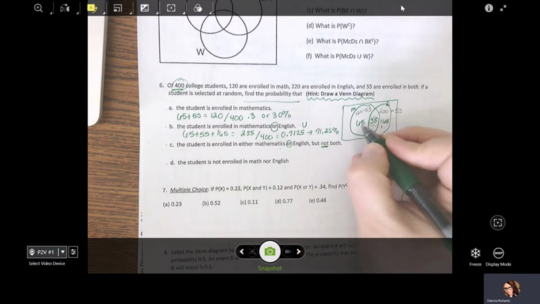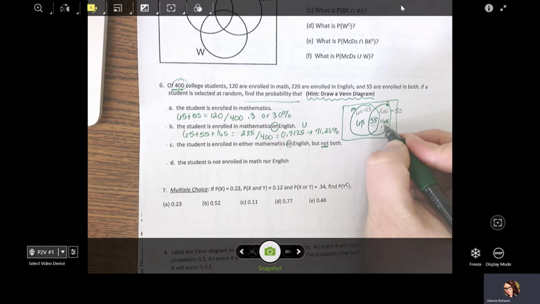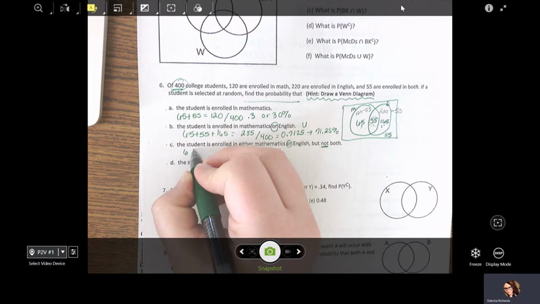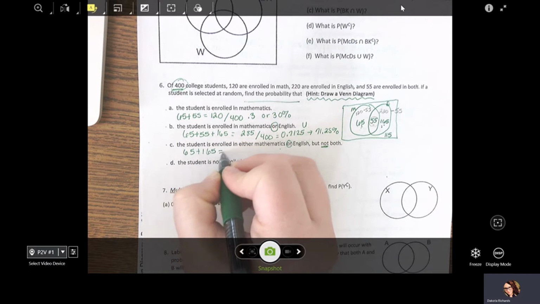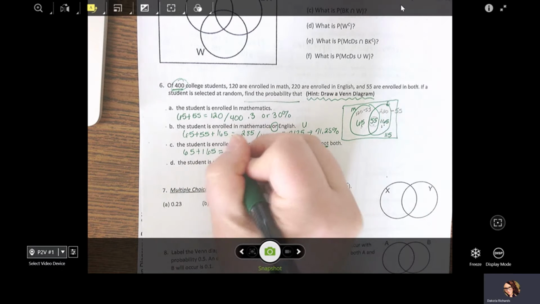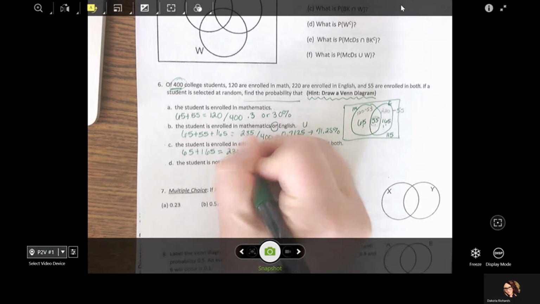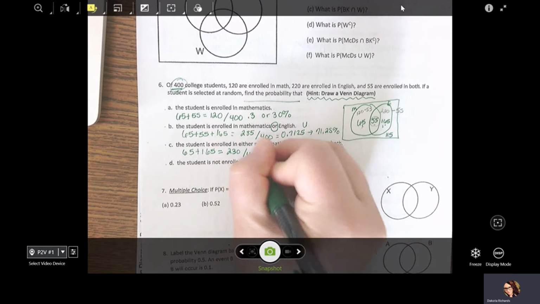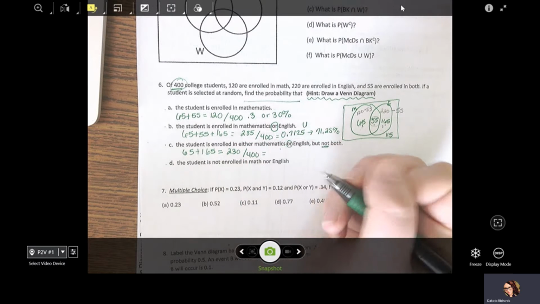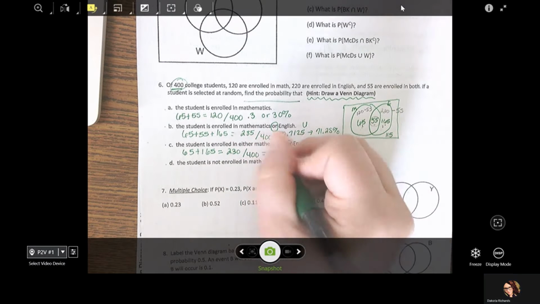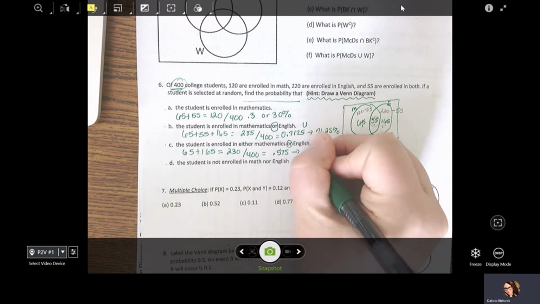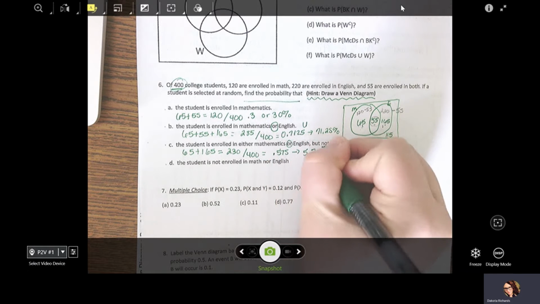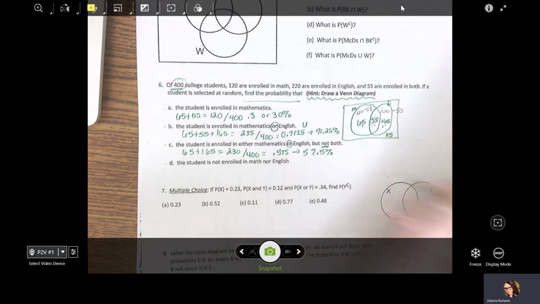So that's going to be the 65 and the 165. So add those two together. And that should give you 230. And that's still out of 400. The decimal here is 0.575. Turn that into a percent. 57.5%.